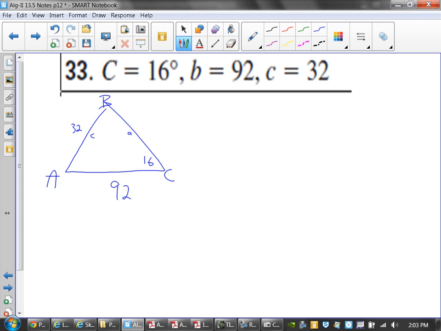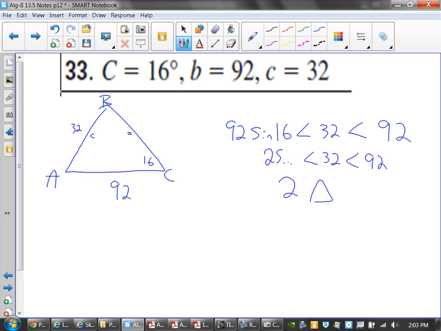We use the sine of the given angle times the side not opposite it, and you check whether that is smaller than the side opposite the given angle, and whether it is smaller than the other side. When you do the arithmetic, you get about 25 and change, which is smaller than 32, which is smaller than 92. That means we have two triangles.